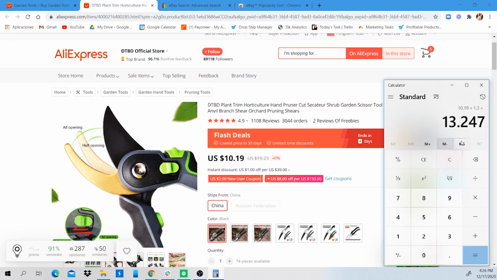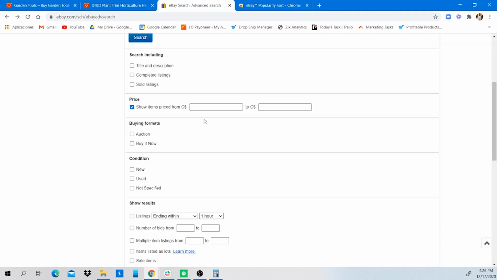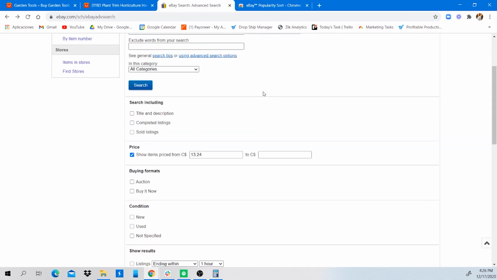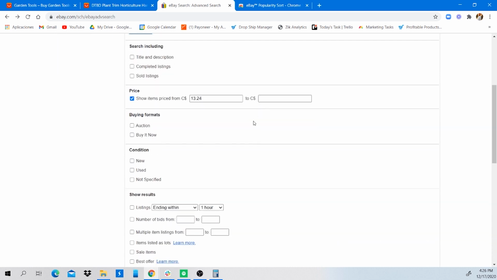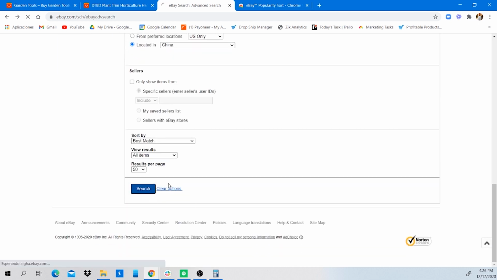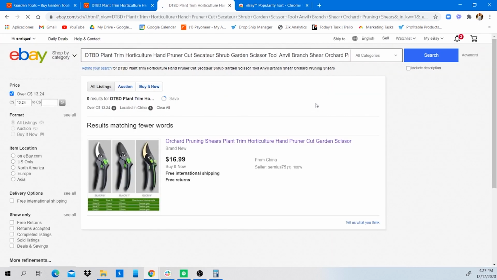So based on your results, this is going to be the bare minimum price that you're going to place right here, 13.24, to try to be as accurate as possible, find the same product and a potential dropshipper. Remember, it's all about finding a dropshipper, and then once we've found a dropshipper, it's about analyzing his or her store. Then let's scroll down, let's hit the search results, and there we have it.